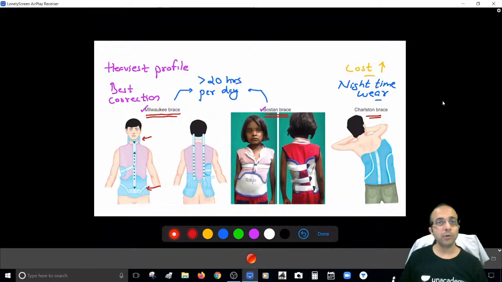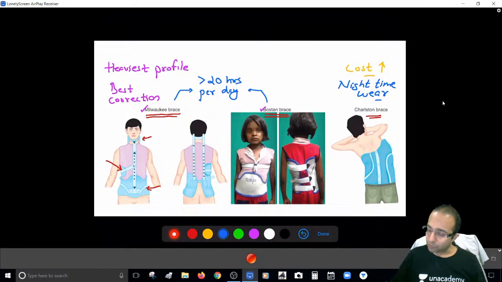There is a pelvic mold, and there are these lateral pads to pressurize the bulging areas and make the spine go straight. So you have pelvic pads, you have lateral pads, you have neck bands. So it's a very heavy profile. So obviously it will give you the best correction. But it's not going to have a good tolerance, because wearing it for 20 hours a day is difficult.